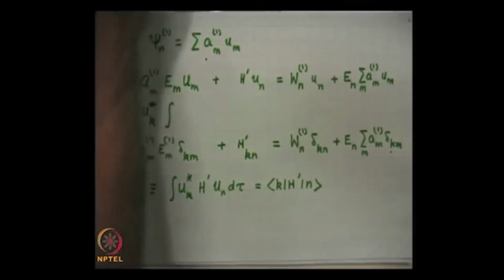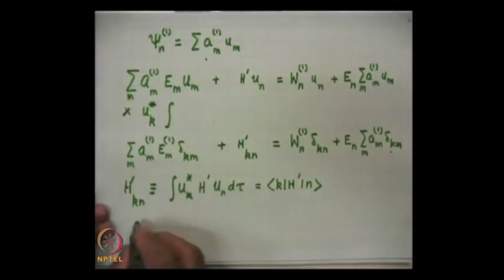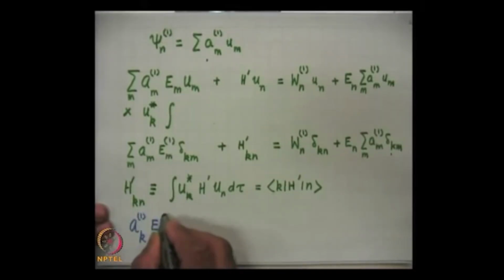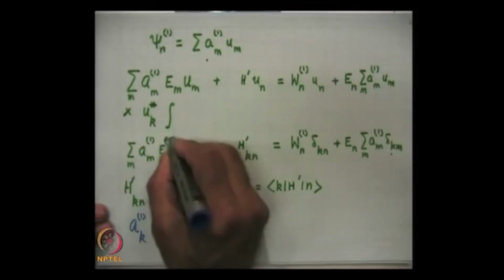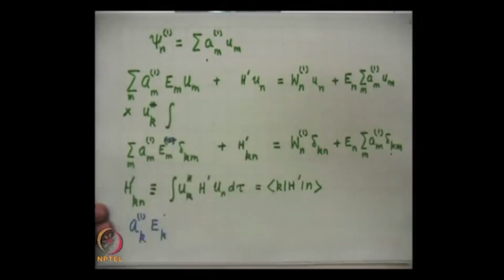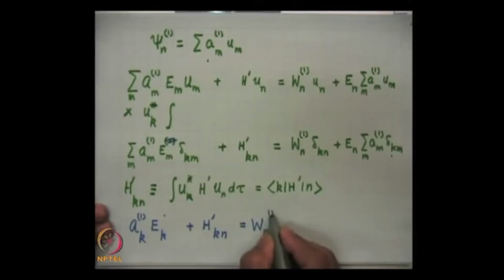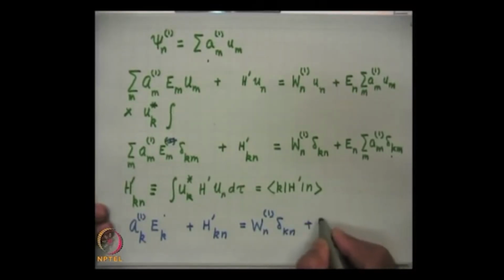Therefore this term will be A k 1 E k, just E k, plus H prime k n, is equal to W n 1 delta k n plus E n A k 1.